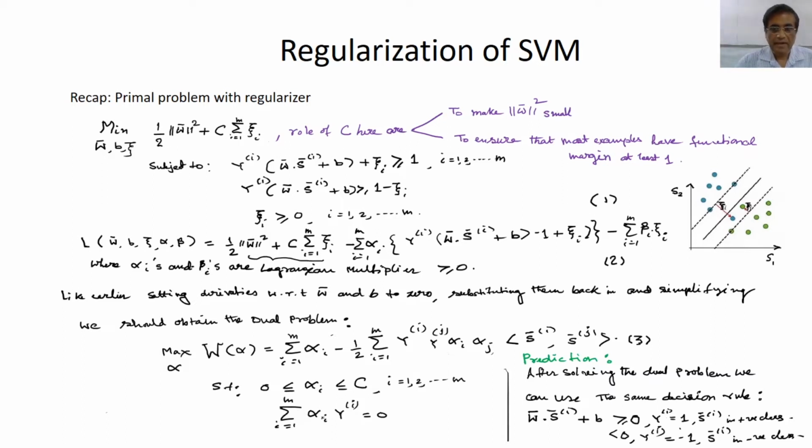And as usual, the sum over I equals 1 to m of alpha I, y I equals 0. So these are the constraints we have. This is the only new thing here.